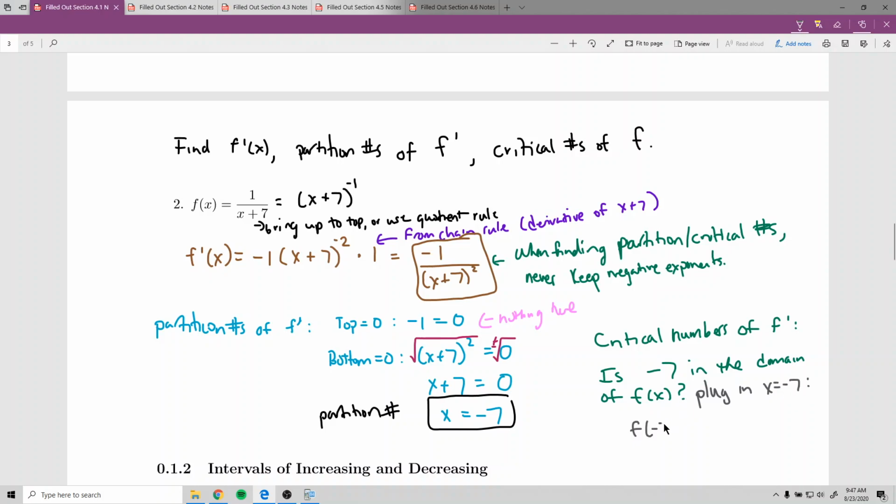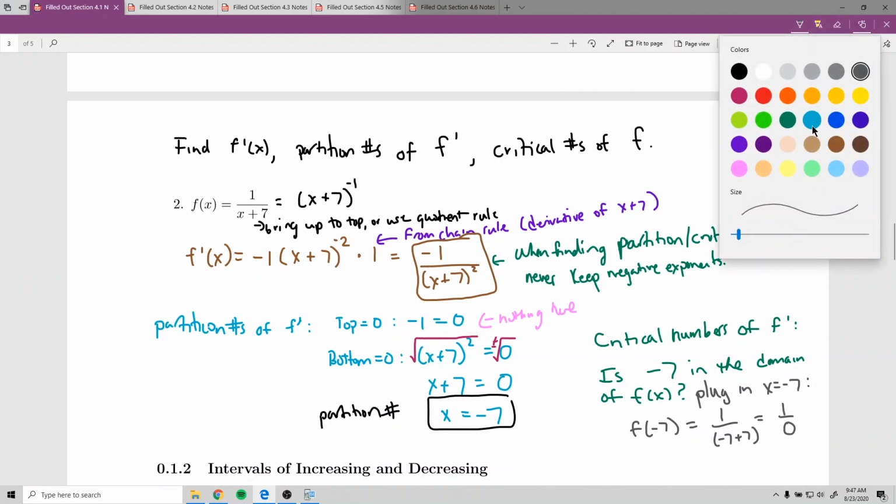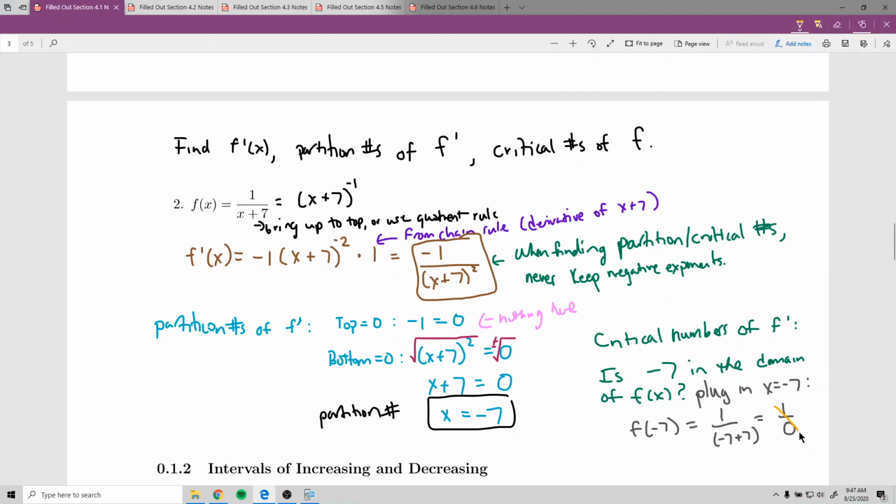We get f of negative 7 equals 1. I'm going to use the original here because once again, dealing with negative exponents can be deceiving. And we got negative 7 plus 7 on the bottom. Negative 7 plus 7 is 0, and dividing by 0 is bad. This is not in the domain.